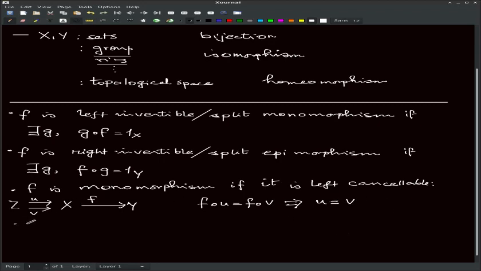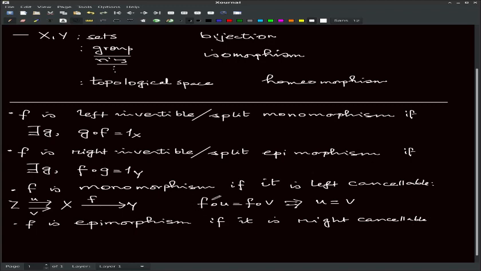And F is said to be an epimorphism if it is right cancelable. See, the name is very natural.